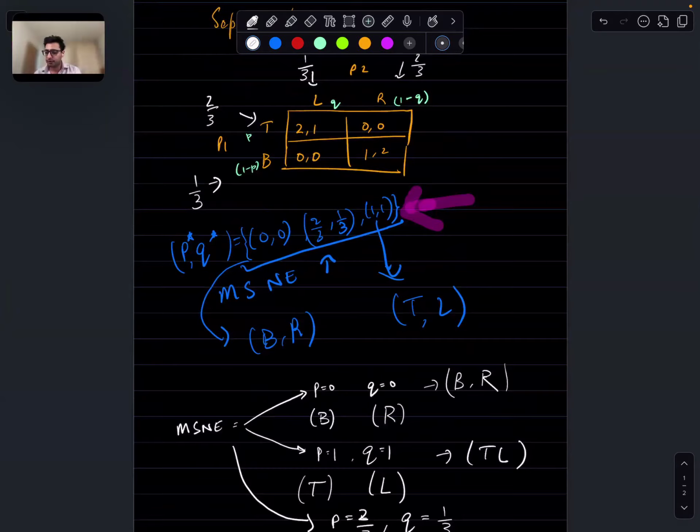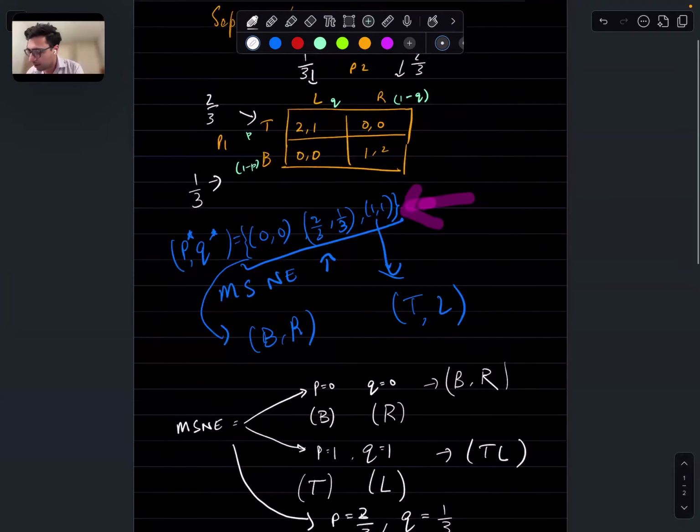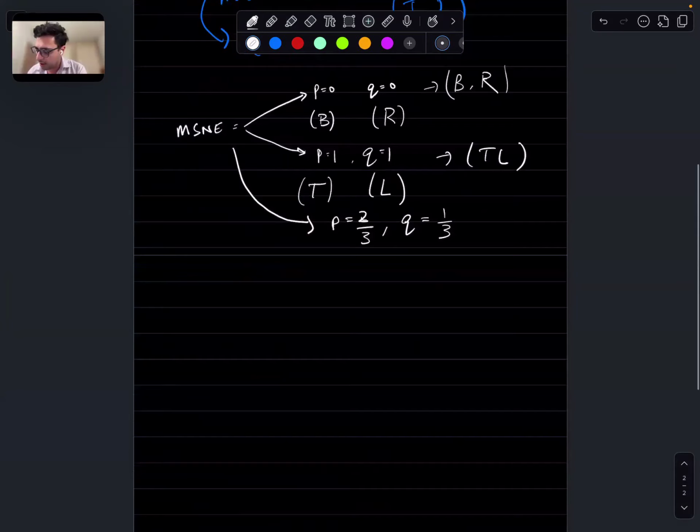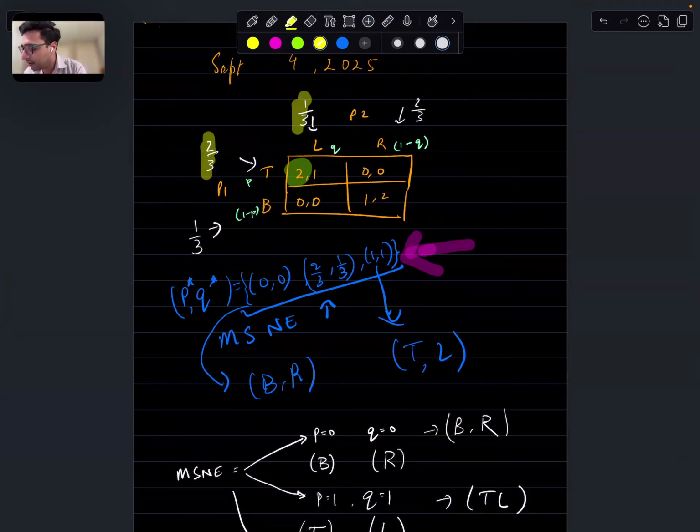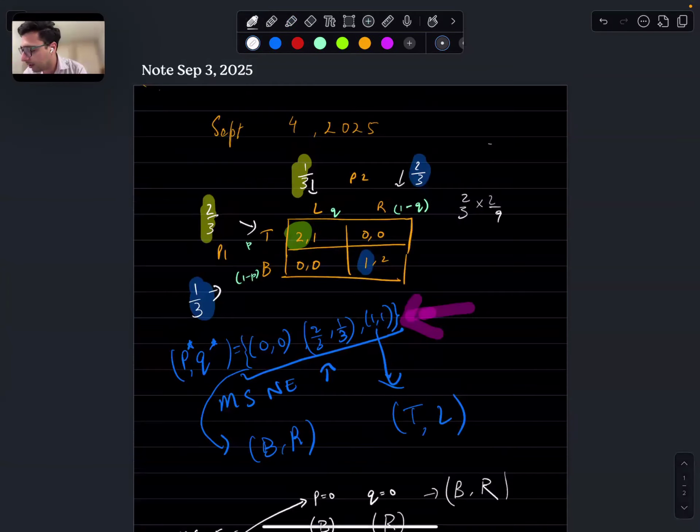I also mentioned that this was symmetric. So if you look at the expected utilities of players, player one can expect to earn, let me just use the highlighter, this 2 with a probability of 2/3 times 1/3, and this 1 with a probability of 1/3 times 2/3.